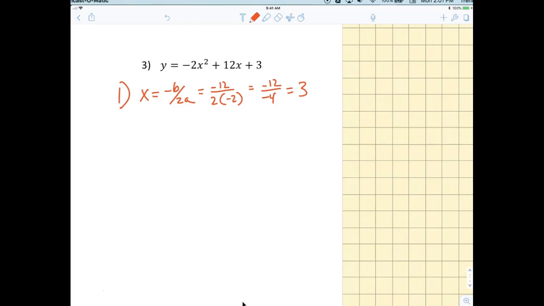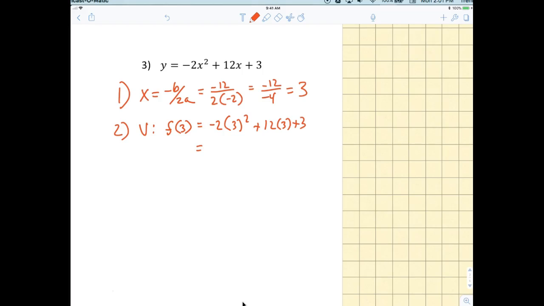Now, I want to find the vertex. So for your vertex, I need f of 3. So f of 3 is negative 2 times 3 squared plus 12 times 3 plus 3 equals. Now, this is mental math, not using a calculator on that.